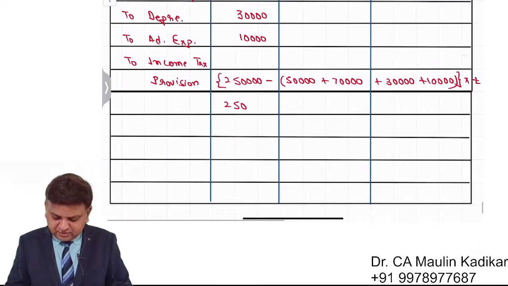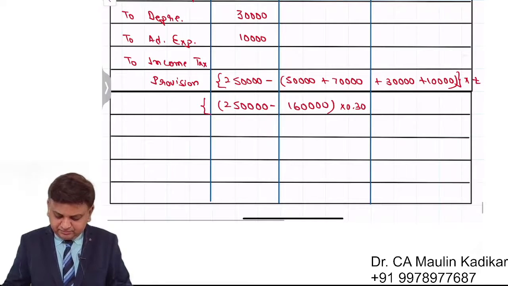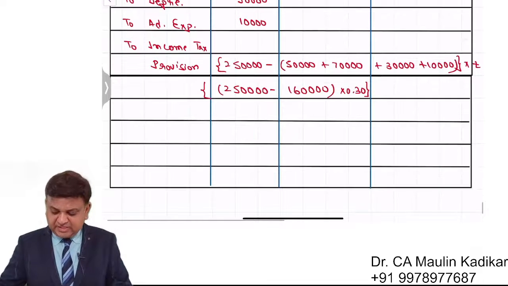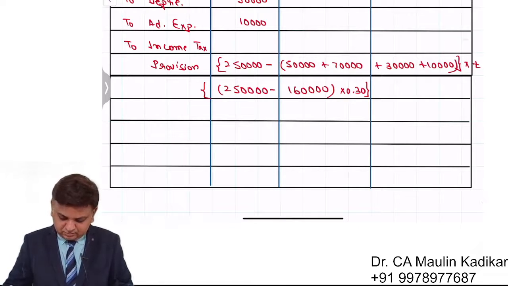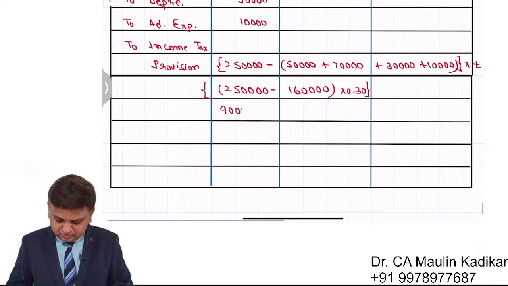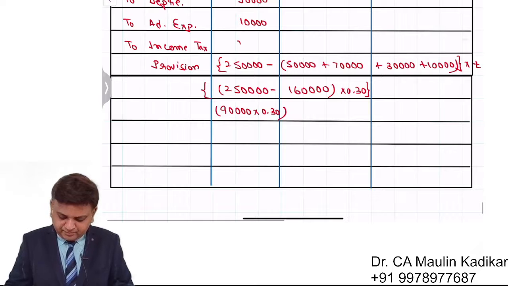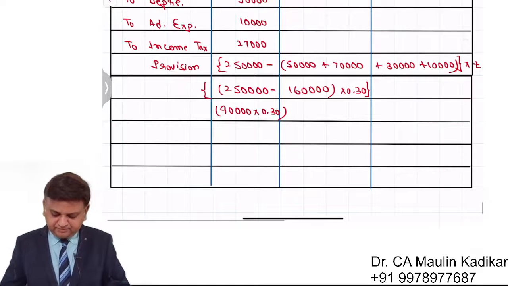So 2,50,000 minus 1,60,000 into 0.30. So it is 90,000 into 0.30. That is 27,000.